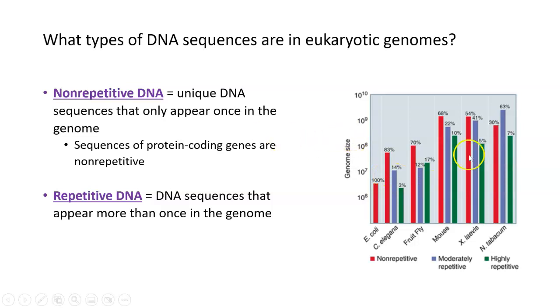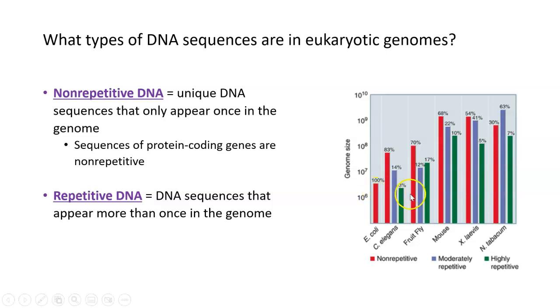And what you can see over here is actually different amounts of repetitive versus non-repetitive DNA in different organisms. And so you can see that in E. coli, a simple organism, they have entirely non-repetitive DNA. Every part of an E. coli's genome is unique, only appears once. There's no repetitive DNA at all.